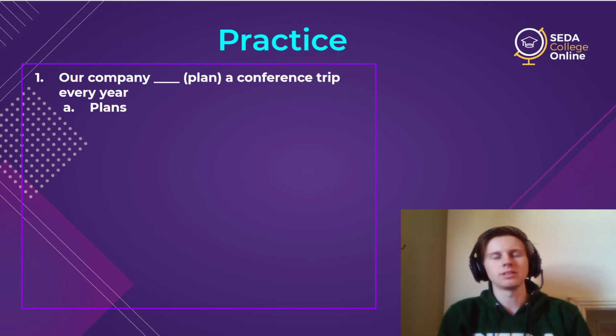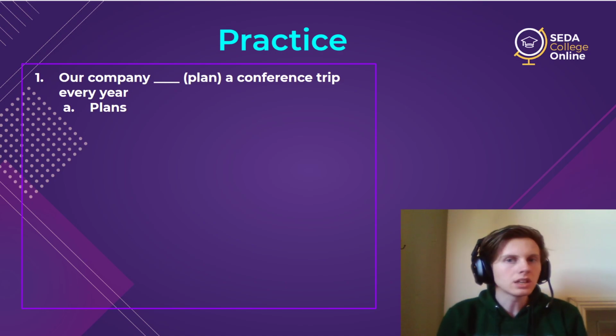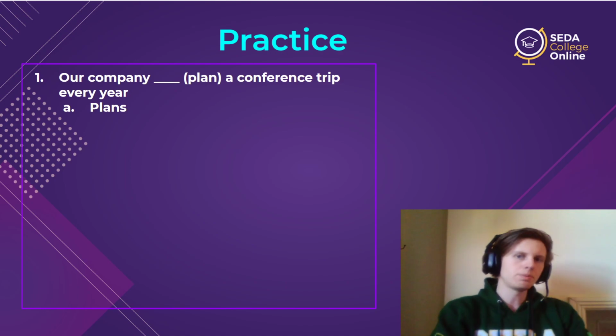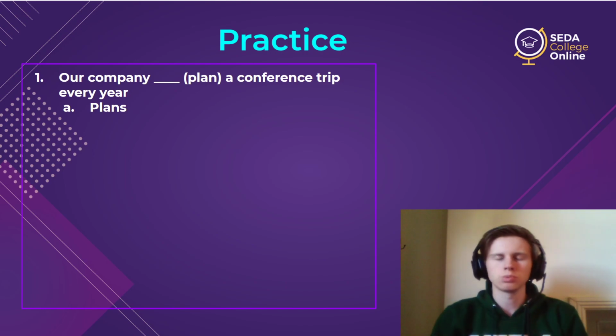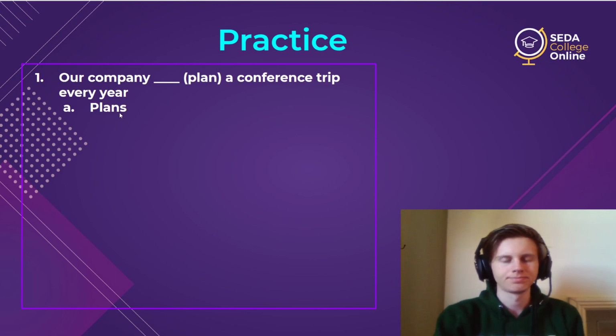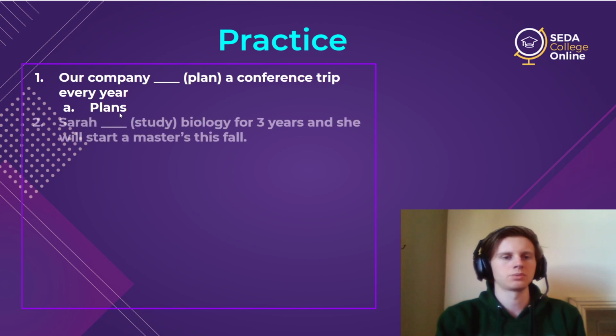So it's a habit, it's repeated. And that's very essential for the present simple. It doesn't matter if it happens every day, every month, every week, every year. If it happens repeatedly, on a schedule, we'll use the present simple. So plans. And then company, we need S to match. All right, the next one.